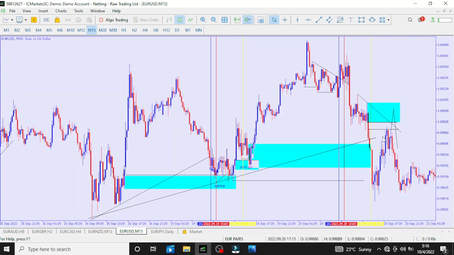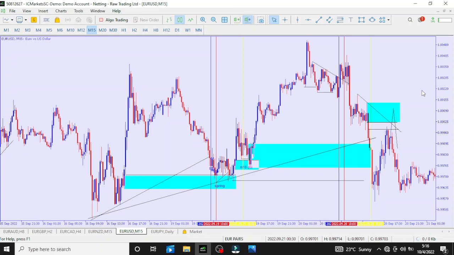So I knew that we had to look for sales, and I expected the price to manipulate this momentum trend line to look for entry around this area or this one. But definitely, to be honest, my friend was looking for entry at this one. I was looking for entry at the top.